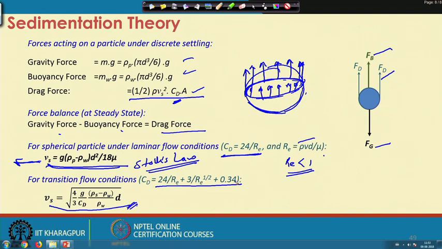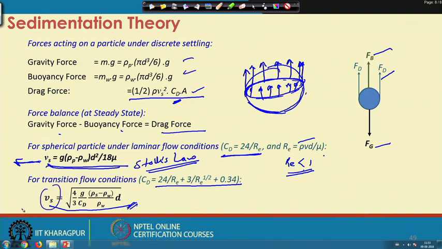If it is a turbulent flow condition, we will use the transition flow equation, where C d equals 24 by Re plus 3 by Re to the power half plus 0.34. Based on the Re we can compute the drag coefficient, and based on the drag coefficient we can compute the velocity.